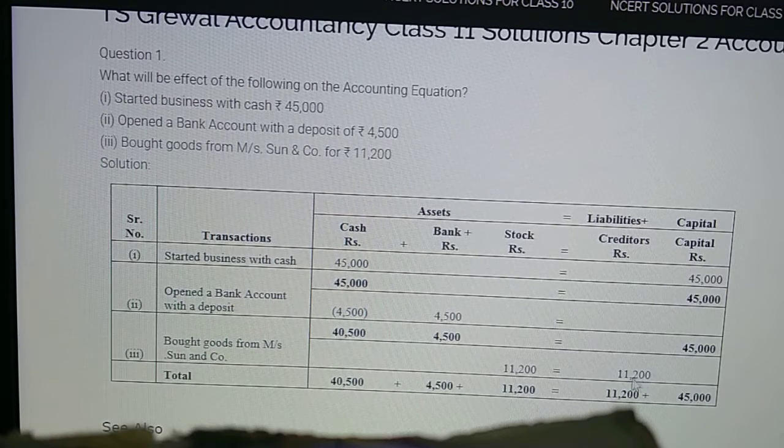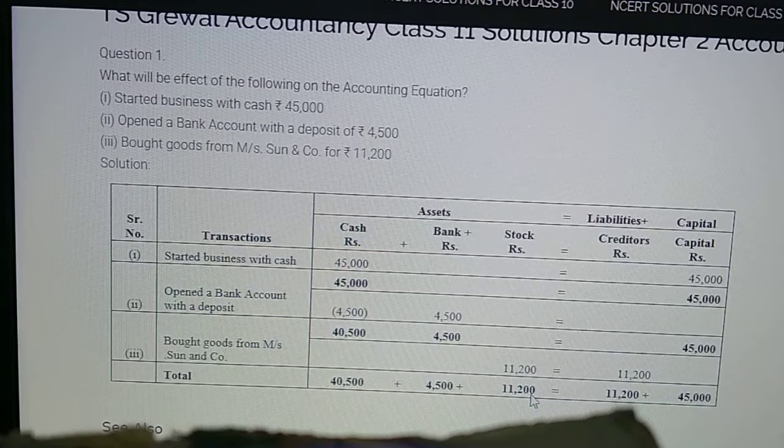This time again we move ahead to the assets. Assets have three terms here: cash plus bank plus stock. To finalize this statement, total cash we have is 40,500 plus bank 4,500 plus stock 11,200 rupees.